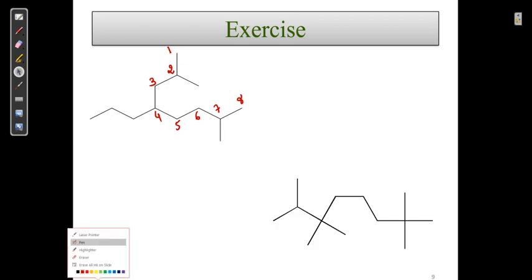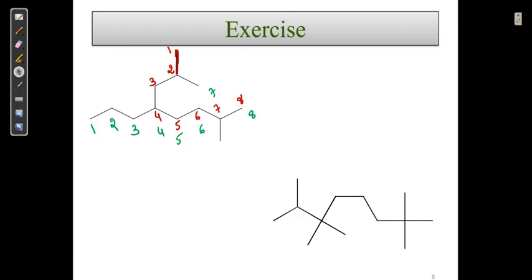Another possibility is 1, 2, 3, 4, 5, 6, 7 and 8. So in this case, if you see this color, then this color has good branching. So there are 1, 2, 3 branchings. And in case of green color, there are only 2 branches.